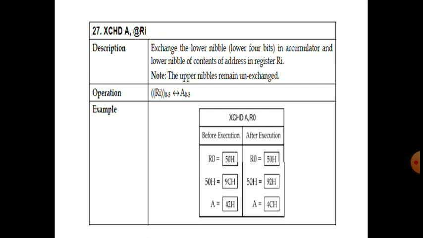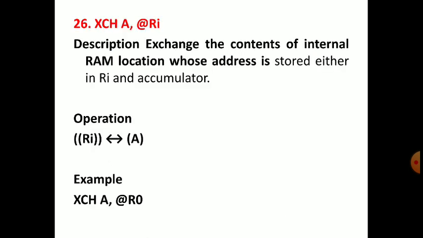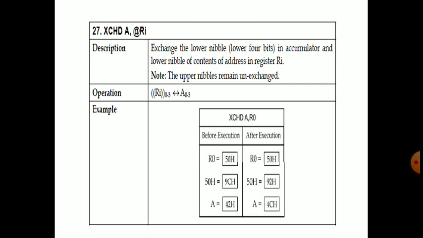Next instruction, XCHD, exchange the lower nibble, that is lower 4 bits in accumulator, and lower nibble of contents of address in register RI. Same as the 26th and 27th, but with a difference here: only the lower nibbles will be exchanged, but in case of the previous instruction, total 8 bits will be exchanged.